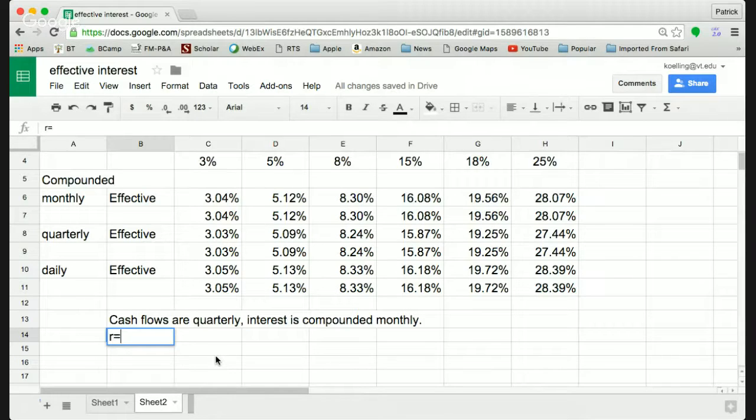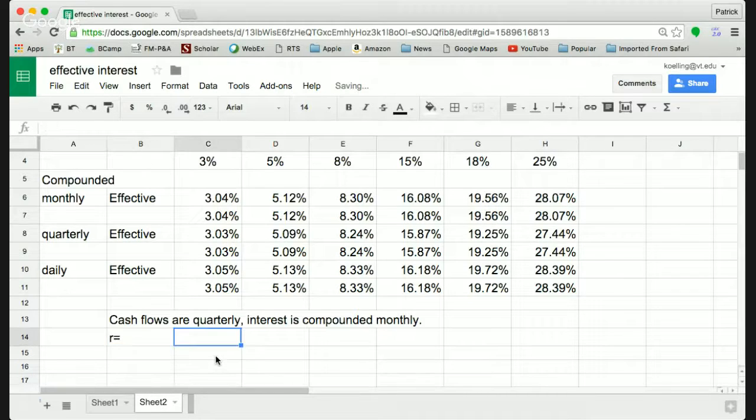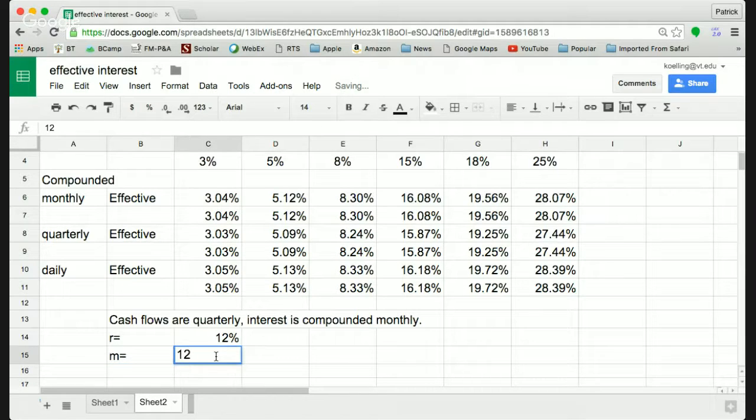Let's say that R is equal to 12%. M is equal to 12. We're compounding monthly. So we have a nominal interest of 12%, compounding monthly.